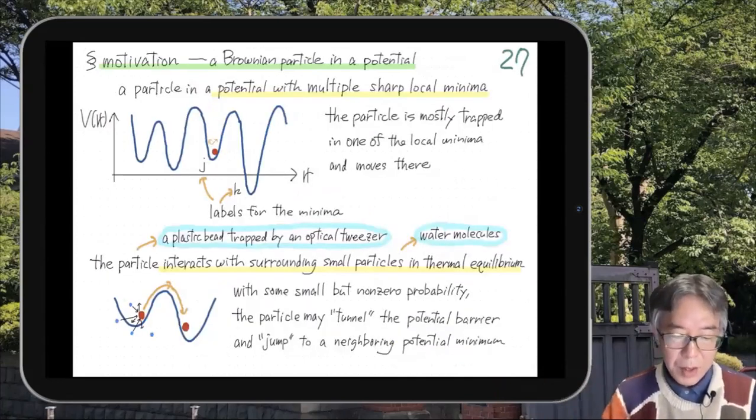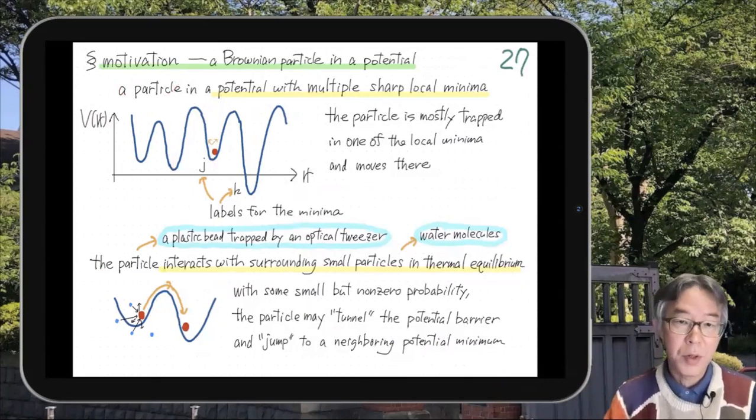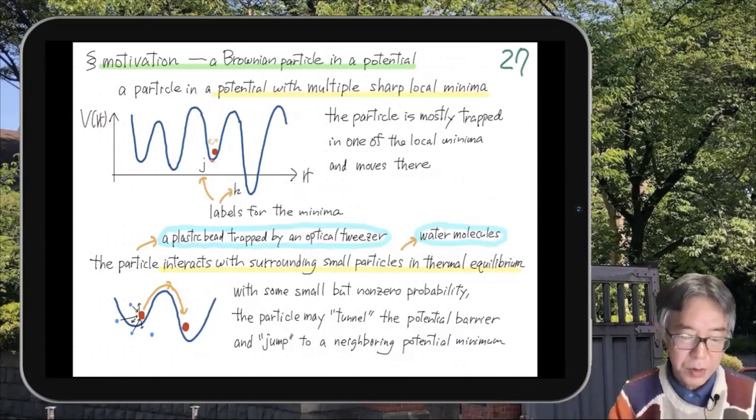Okay, so to motivate, consider a Brownian particle in a potential. Consider a classical particle trapped in a potential with multiple minima like this. We suppose that the energy of the particle is small enough that the particle stays almost all the time in one of the minima of this potential. We label these potential minima by the index j equal 1, 2, 3, and so on.